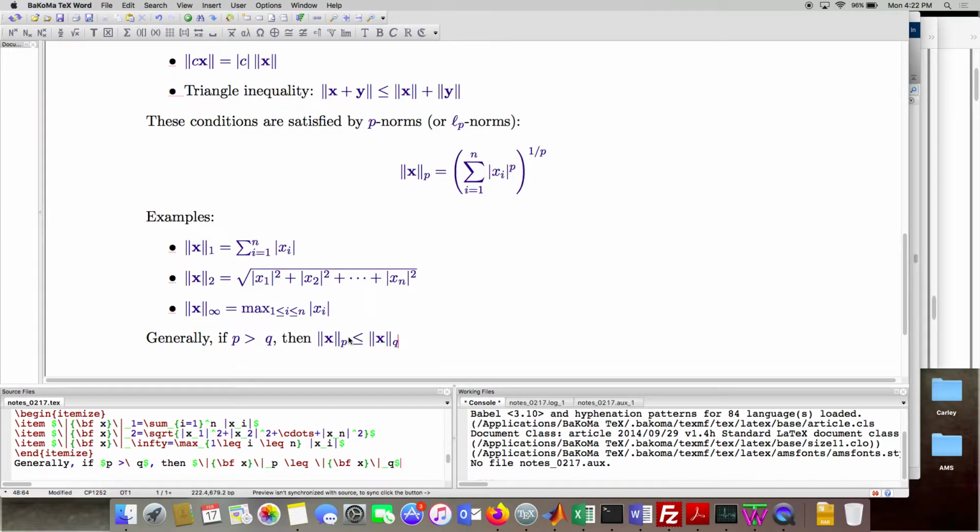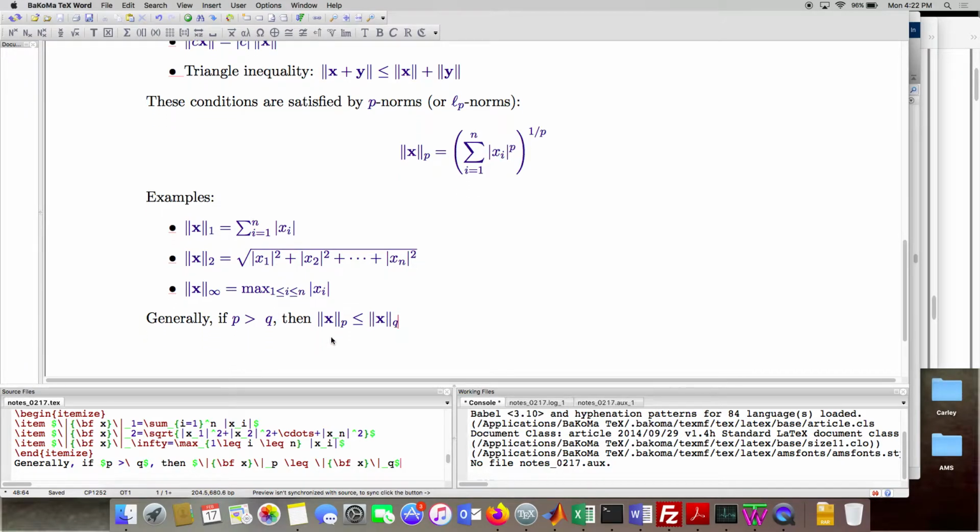Okay, because if you look at the extreme, the infinity norm is going to have only the largest element, whereas all of these have also the absolute value of the largest element, plus other stuff. So just to keep in mind that we have these relationships.